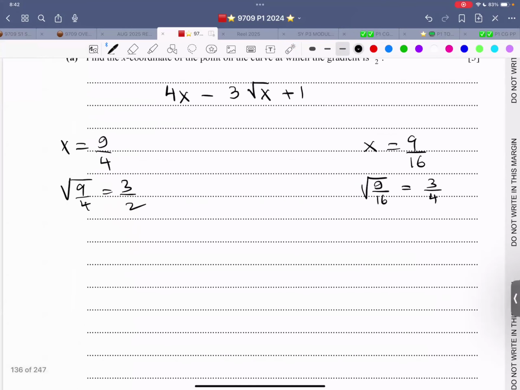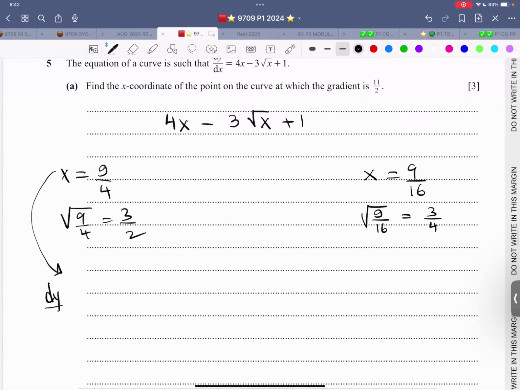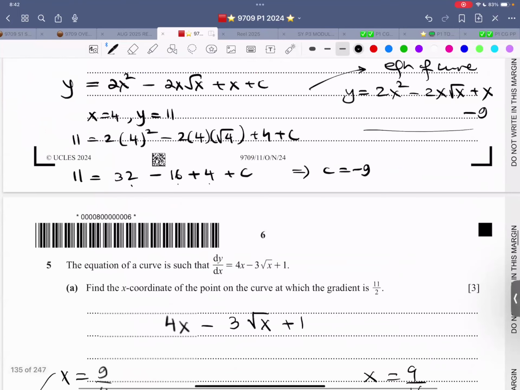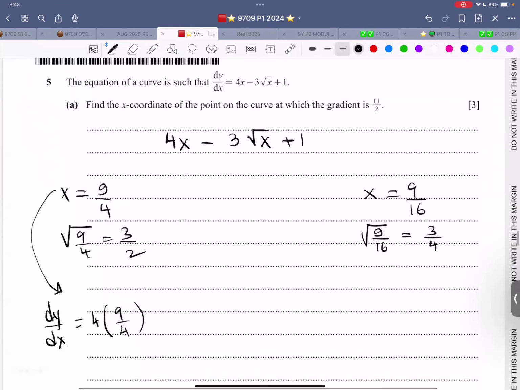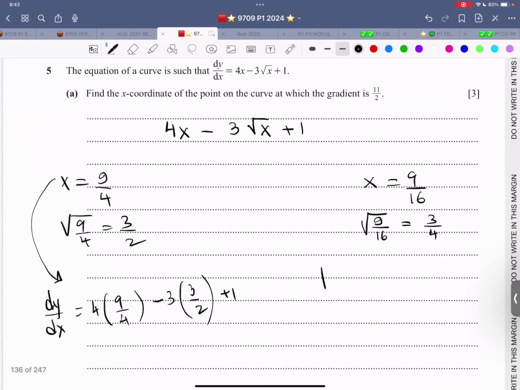So therefore, dy by dx is 4 into 9/4, yeah, 9/4 and 9/16. 9/4 minus 3 root x, 3 into 3/2 plus 1. And over here, dy by dx is equal to 4 into 9/16 minus 3 root x, which is 3/4, plus 1.